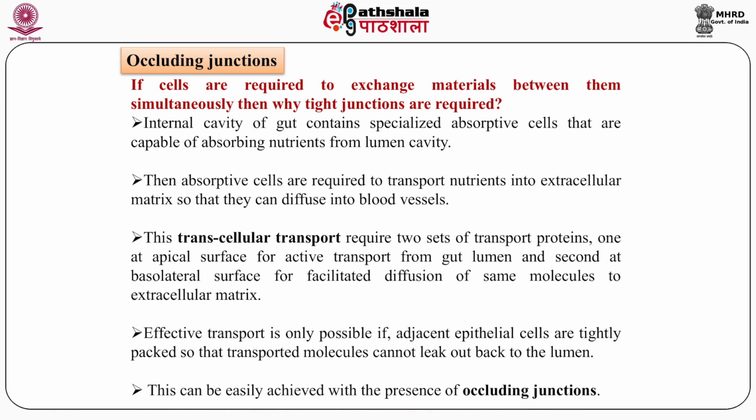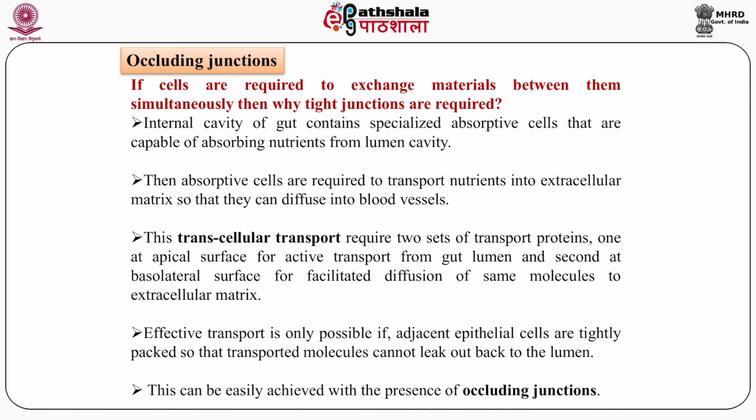This transcellular transport requires two sets of transport proteins, one at the apical surface for active transport from the gut lumen, and the second at the basolateral surface for facilitated diffusion of the same molecule to the extracellular matrix. Effective transport is only possible if adjacent epithelial cells are tightly packed so that transported molecules cannot leak back into the lumen.